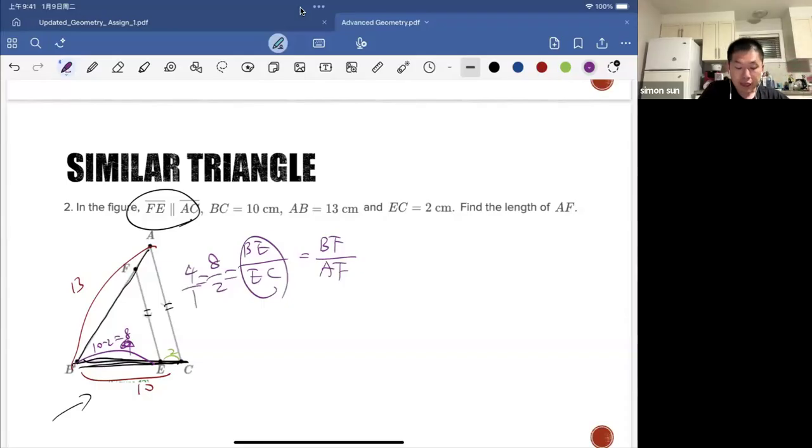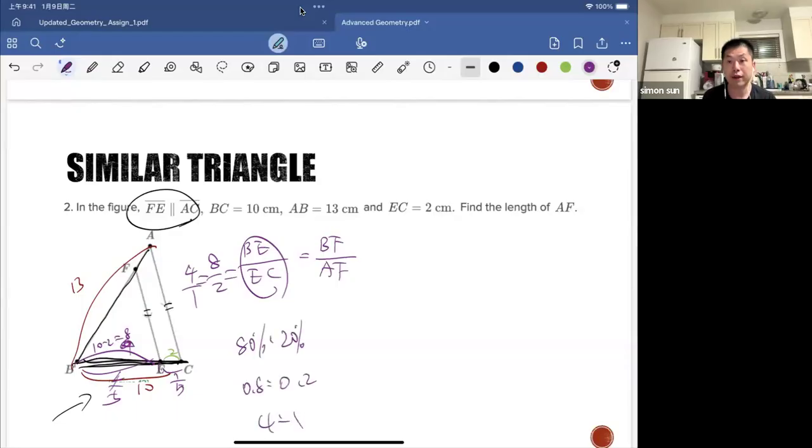So BE over EC is 4 to 1. That means we separate BC into 1 over 5 and 4 over 5 compared to the original length. The ratio of 4 to 1 is basically 80% to 20%, or 0.8 to 0.2.